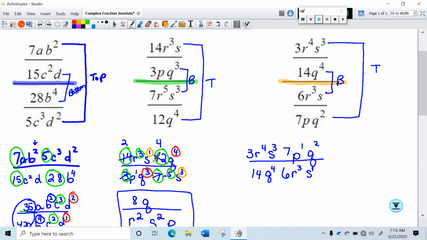If you didn't understand what I was doing with the simplifying here earlier, you can go ahead and just multiply these out. Sometimes I think that's faster than just messing with them. 3 times 7 is 21. And 14 times 6 is 84.